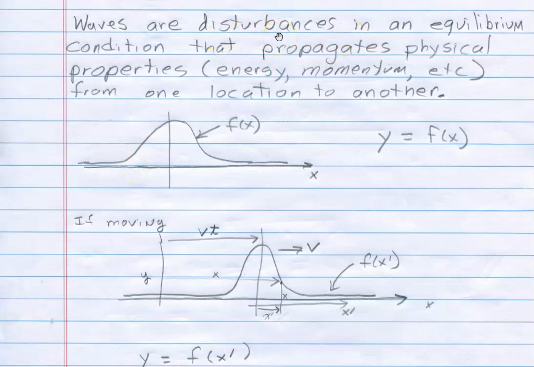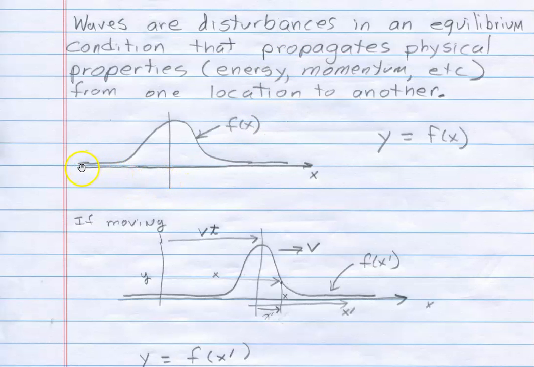But waves are essentially disturbances from an equilibrium condition that propagate physical properties over remote locations, from one location to another over long distances. And these physical properties are generally things like energy, momentum, angular momentum, density. So they're different quantities that have some physical context for the problem at hand.